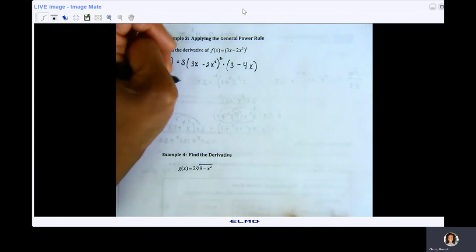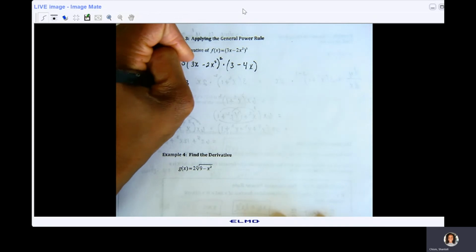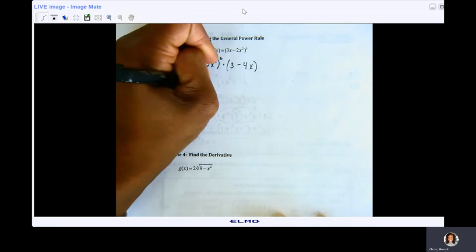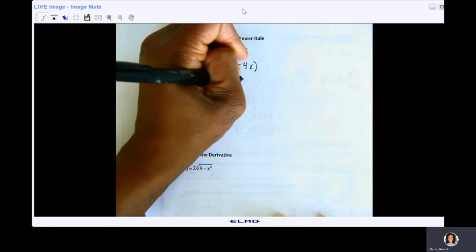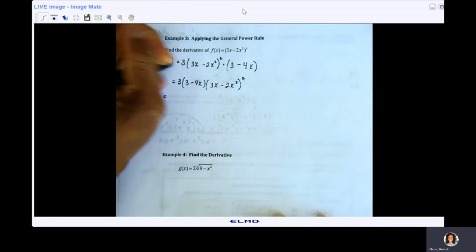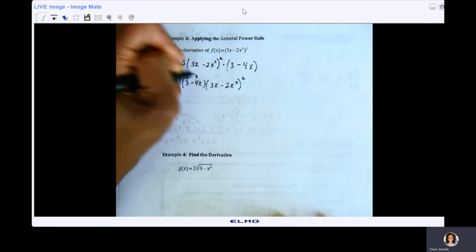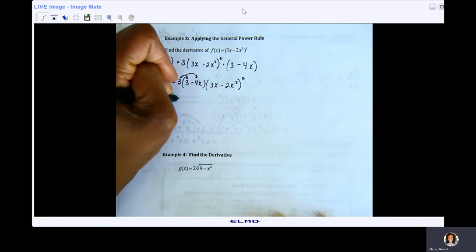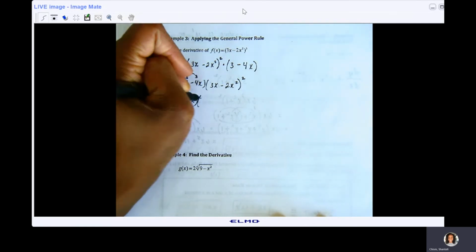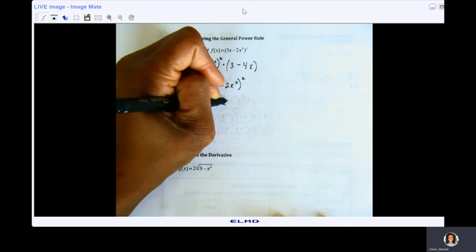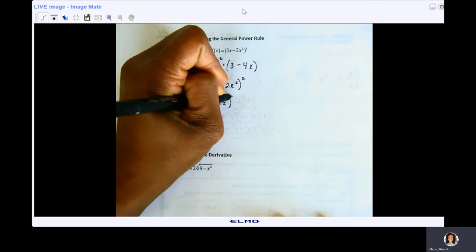I'll at least bring those together. So I'm going to write 3, and then 3 minus 4x, and then I'm going to write 3x minus 2x squared, and then I got that all squared there. So I'm going to distribute here. That gives me 9 minus 12x, and then I still have times 3x minus 2x squared, all squared.